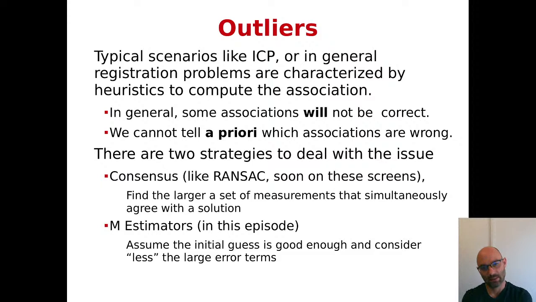And the other way is the M-estimators, or robust estimators, which is what we will be seeing in this episode, that have the requirement in order to work of having an initial guess which is good enough, because they decide which point is an outlier and which point is not an outlier based on the actual initial guess. So if the initial guess is poor, they will not work.